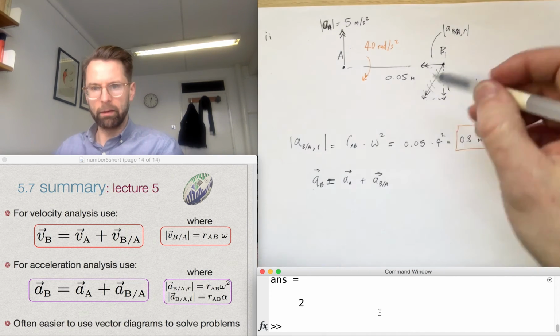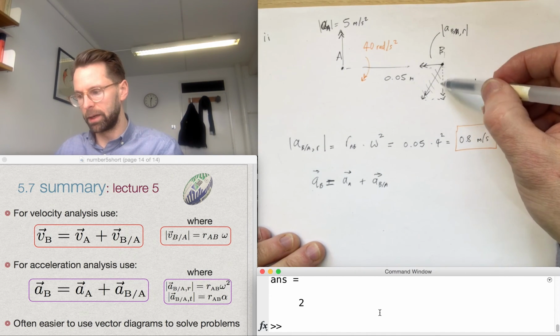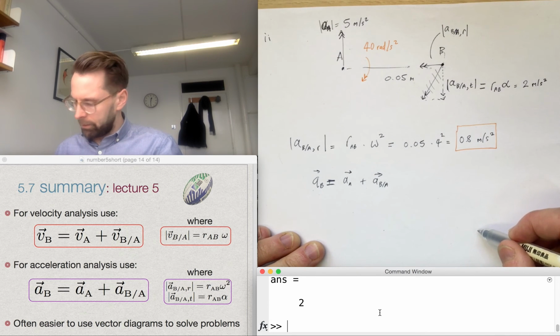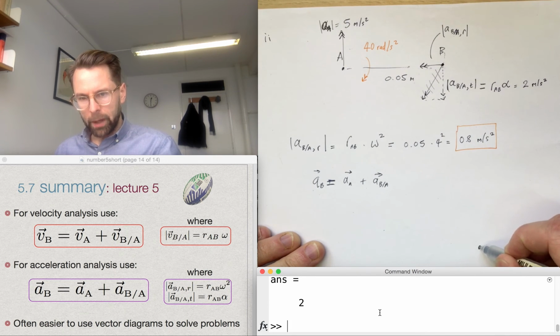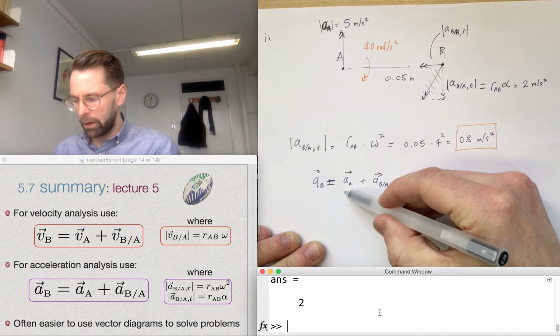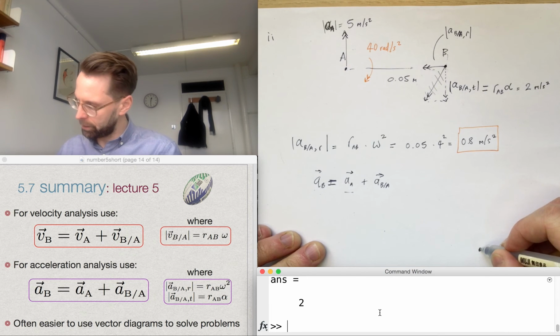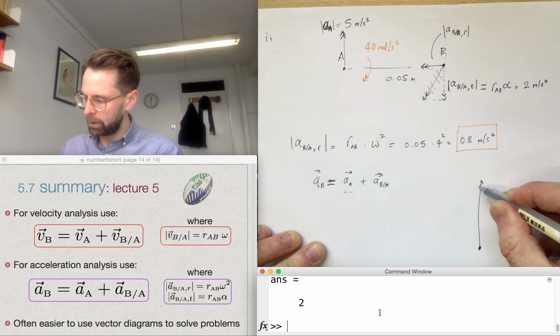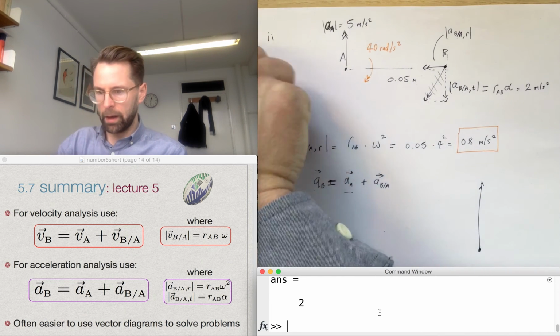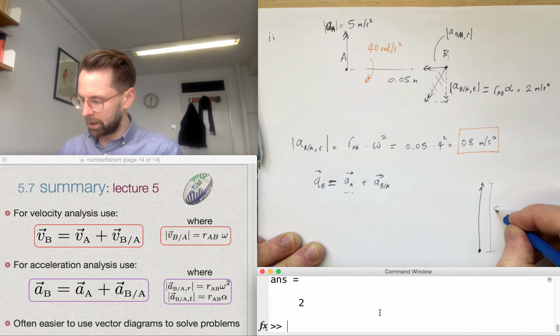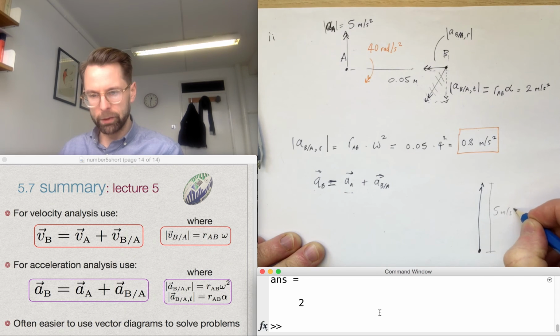We've got these two components added to this component will give you the acceleration of B. So we can do that graphically because these are perpendicular to each other. We're going to start down here, and we're going to start by adding the acceleration of A to our origin, and it's going to take us all the way up the top here to a distance of 5 meters per second squared from the origin.